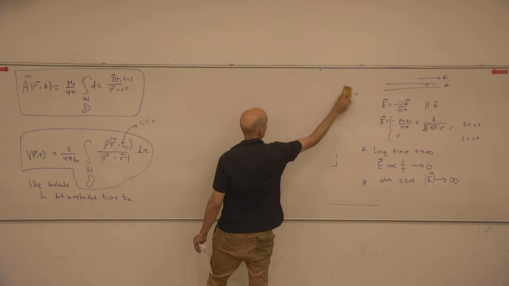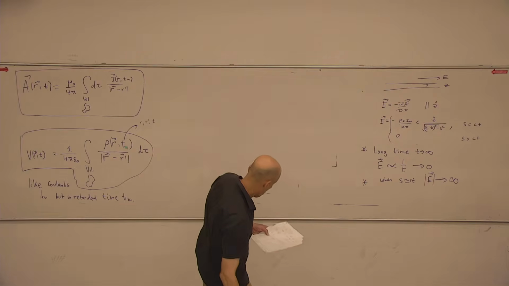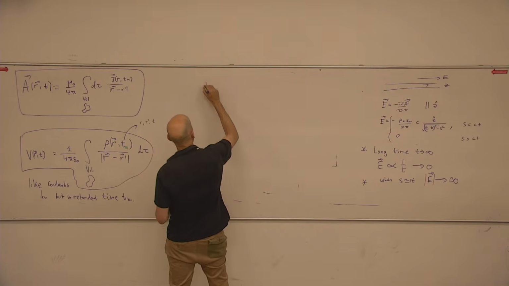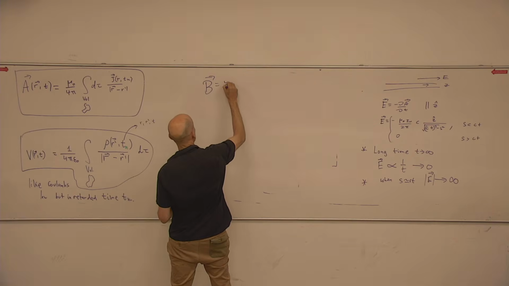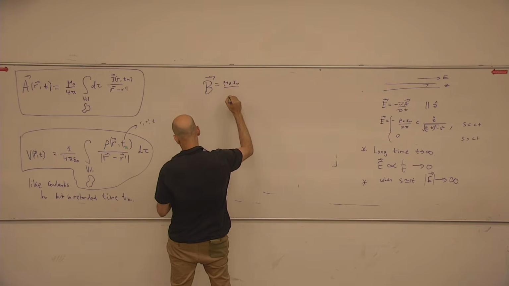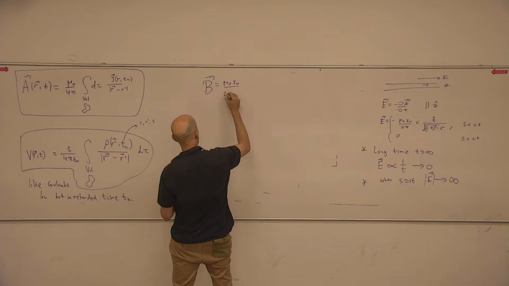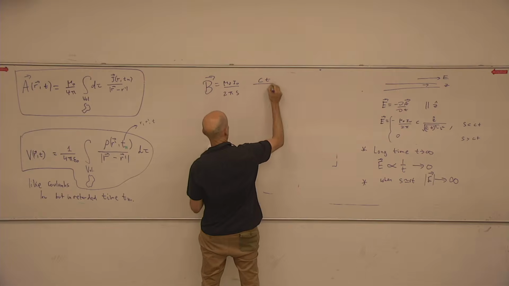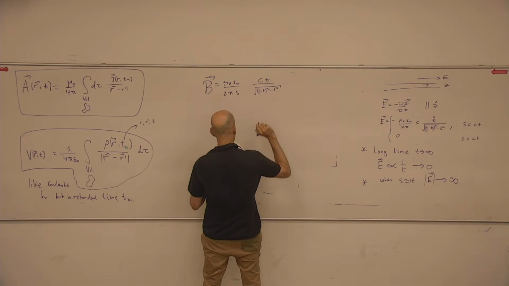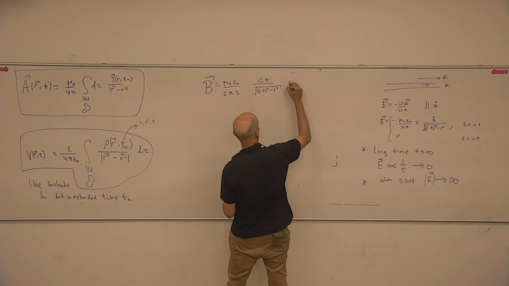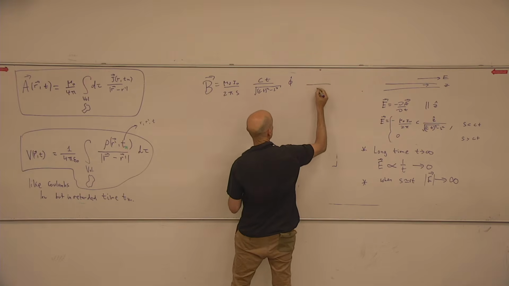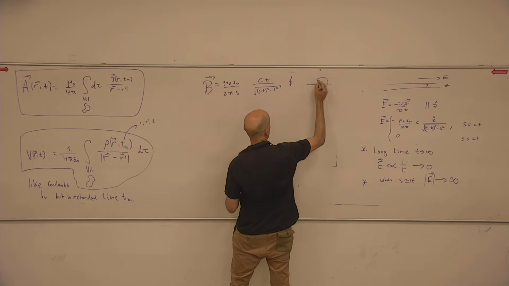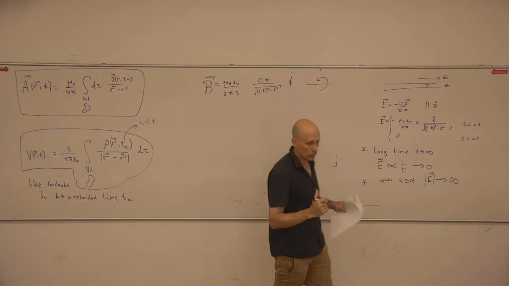And then I get this B, which is B equal to mu_0 I_0 over 2 pi S, ct over the square root of (ct squared minus S squared), phi. Phi is the right-hand angle along the wire.